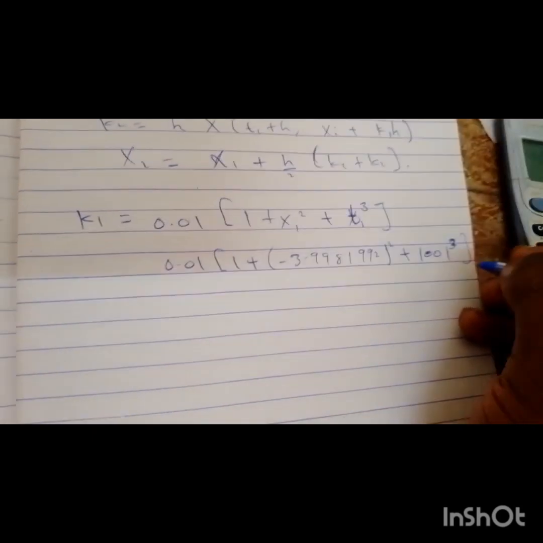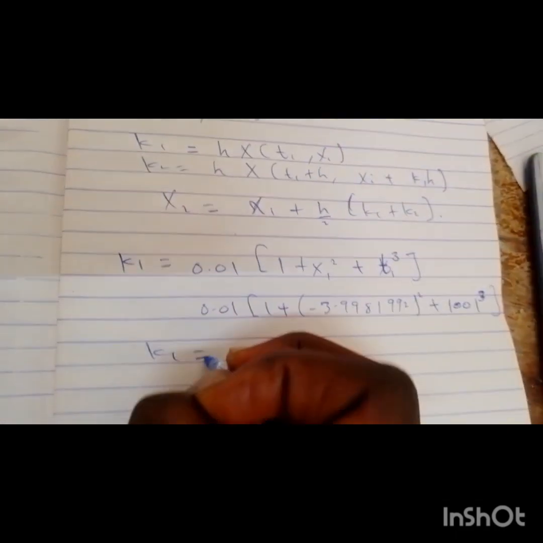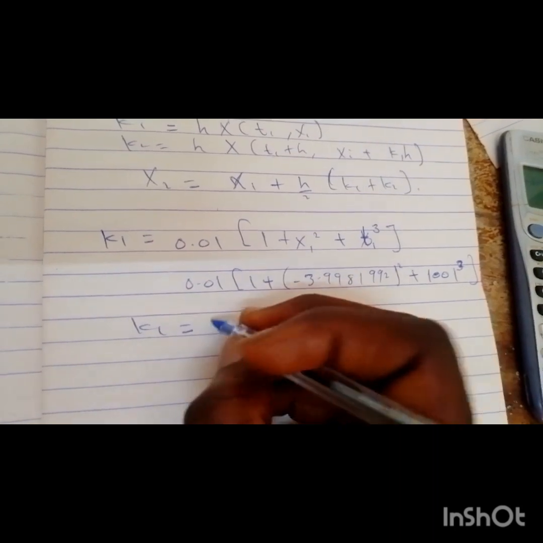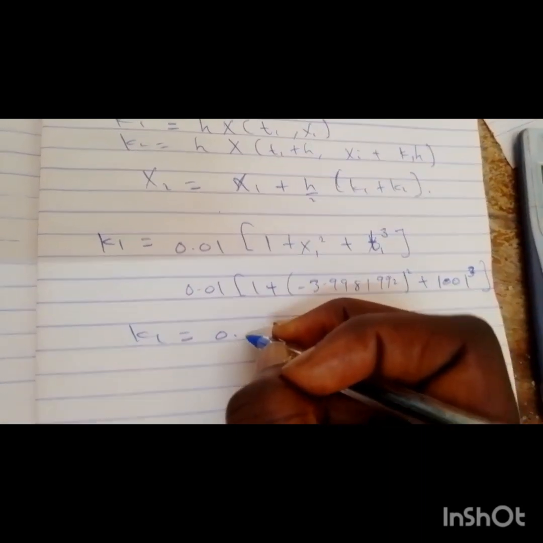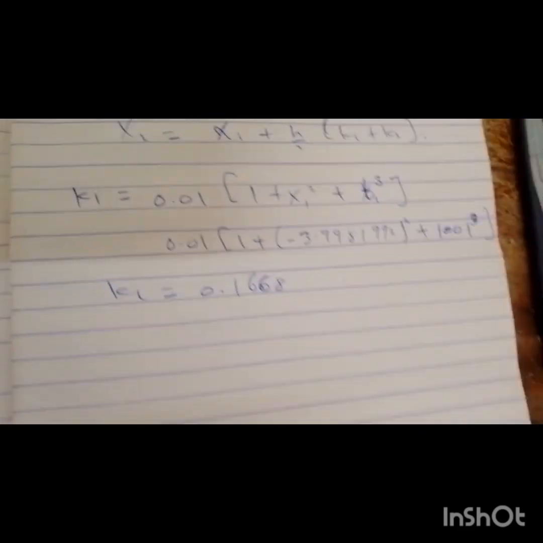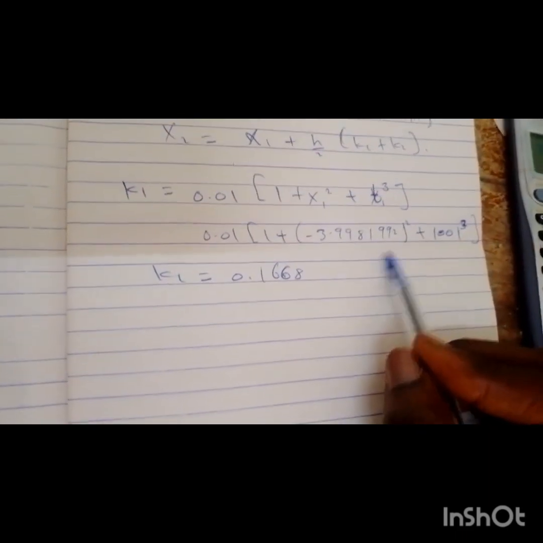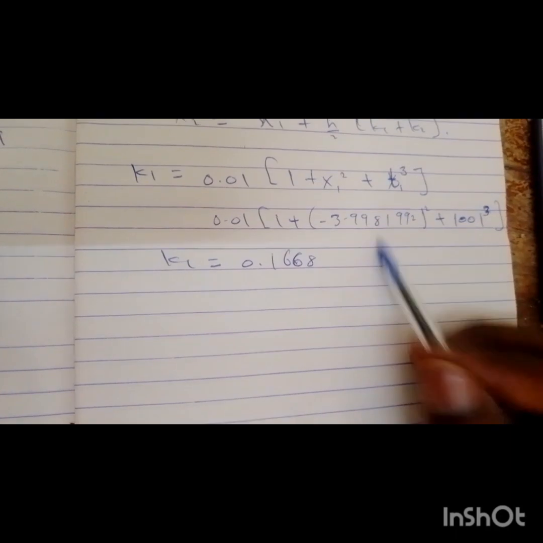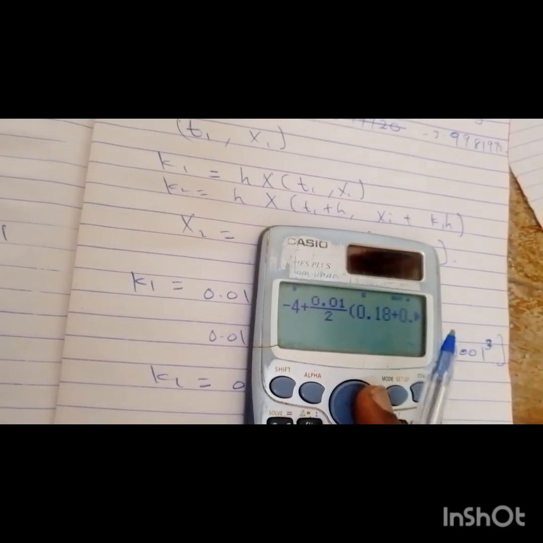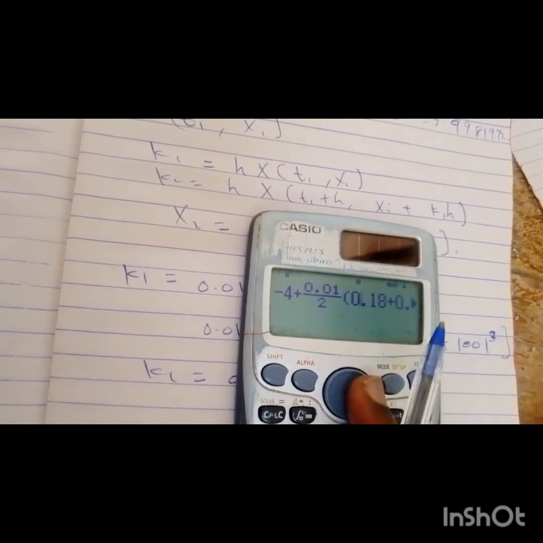Sorry for the mistakes. So you have your k1, which comes to 0.1668. Because these are long decimals, you will most likely find some errors, so just go through and correct them, right?